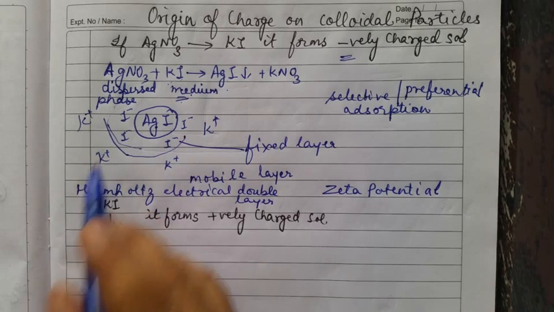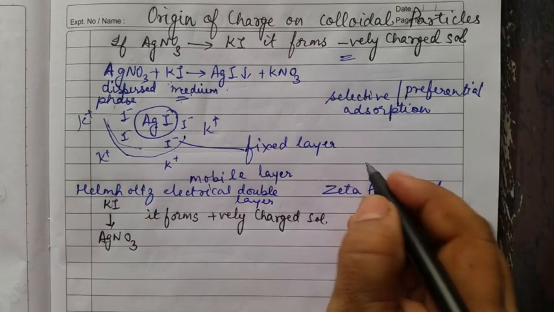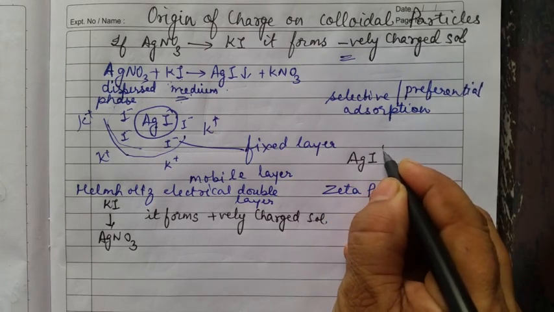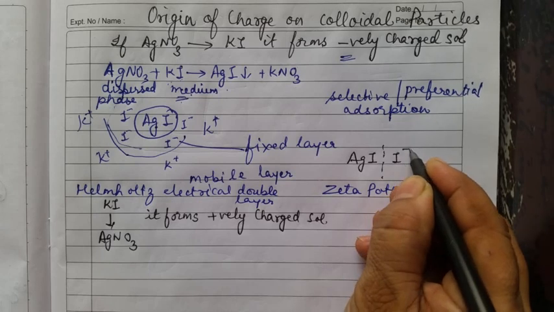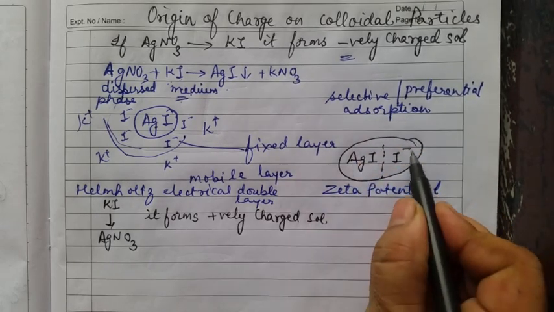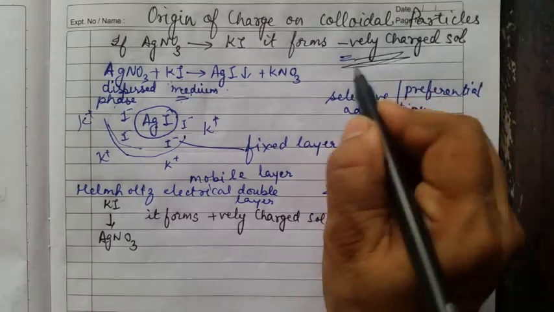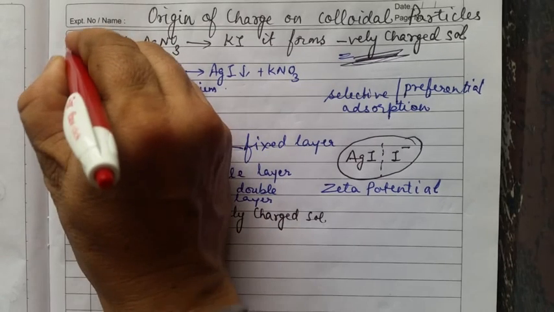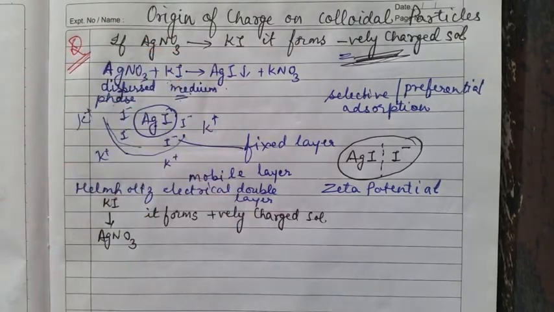We can also represent it in this manner: AgI precipitate, on that I minus is adsorbed. This was a negative charge, so a negatively charged colloidal salt forms. This is the first type of question which can be asked.